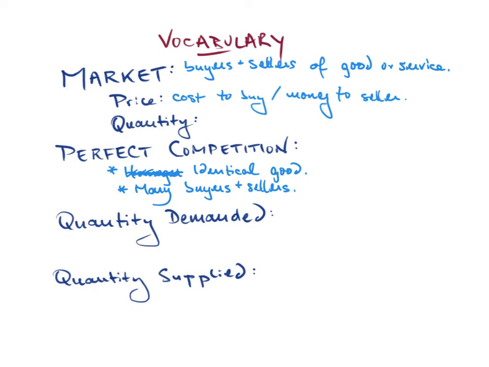So again, gasoline and milk are probably great examples. There are many people who go out and buy gasoline every day, lots and lots of consumers of gasoline. There are lots and lots of sellers of gasoline. In other words, it's not a market that is dominated on one side by a single buyer or a single seller.